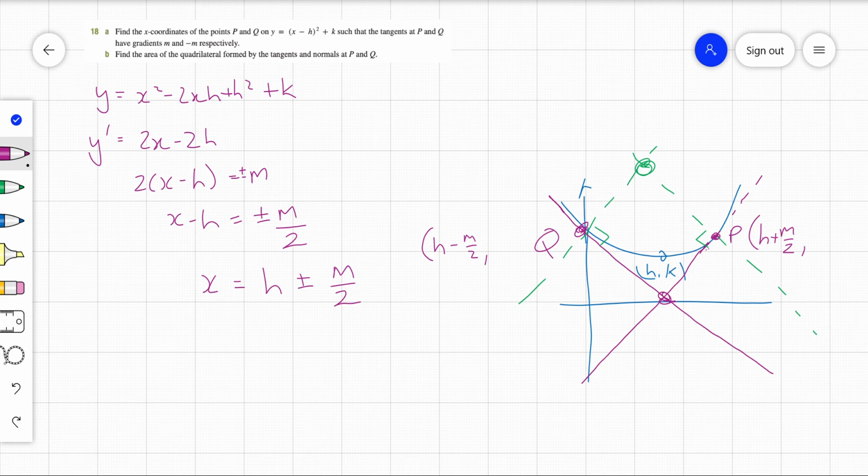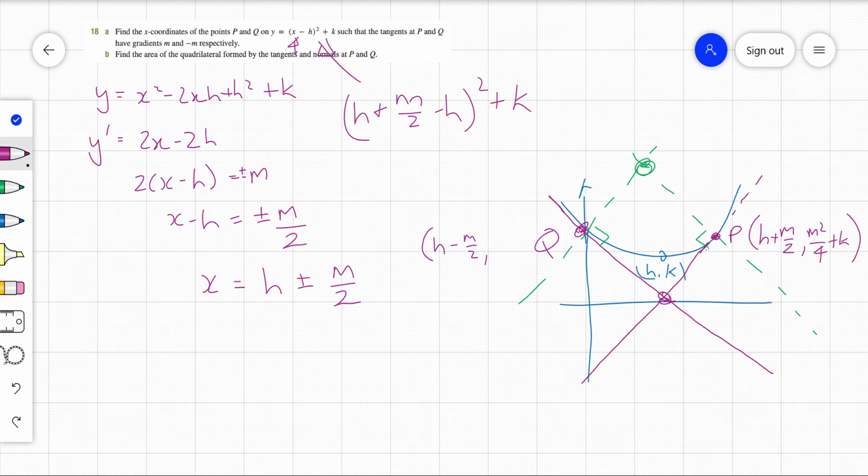Now, if you sub those values in to here, so we can get our y value, you can see that if I sub it in for my x, you're going to have (h plus m on 2 minus h) all squared plus k. Of course, the h's cancel out, so you're going to have m squared on 4 plus k.